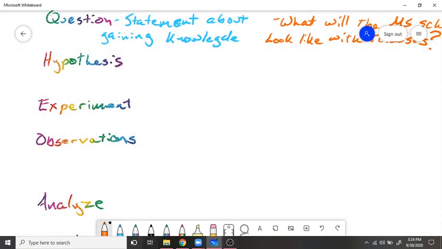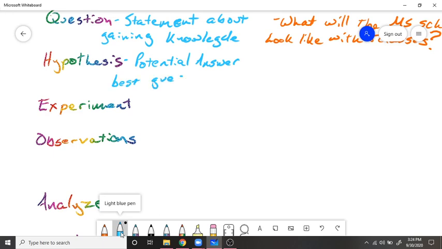Once you've asked a question, the next step is to form a hypothesis. A hypothesis is a potential answer. It's your best guess about what the answer to the question is.